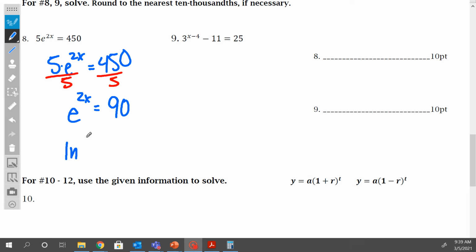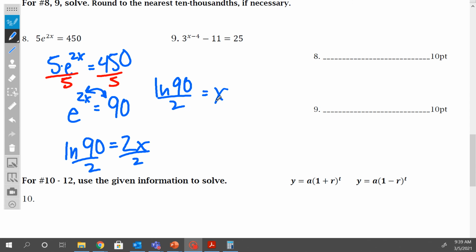So natural log, since it's a base e, switch these, so natural log of 90 is equal to 2x. And we can solve this by dividing by 2. So we get natural log of 90 divided by 2 equals x, and we can put that in the calculator to give us an estimate here.